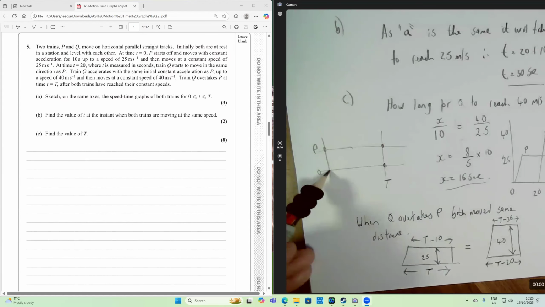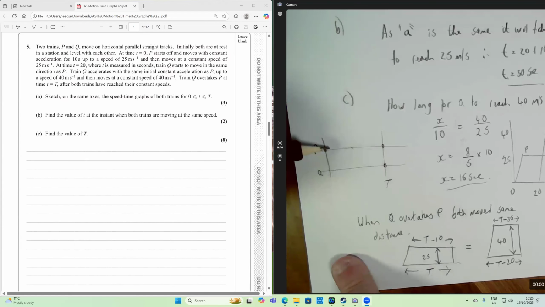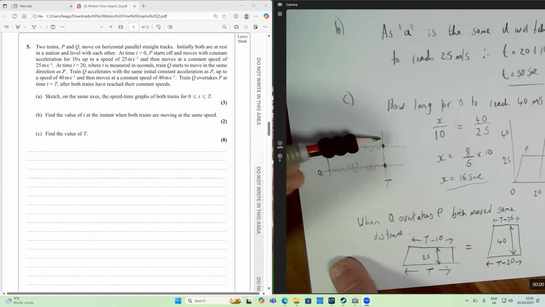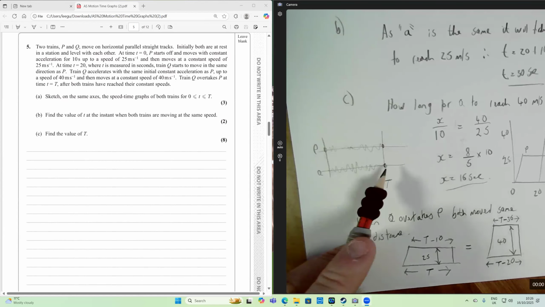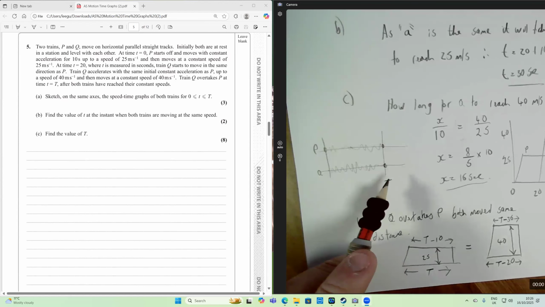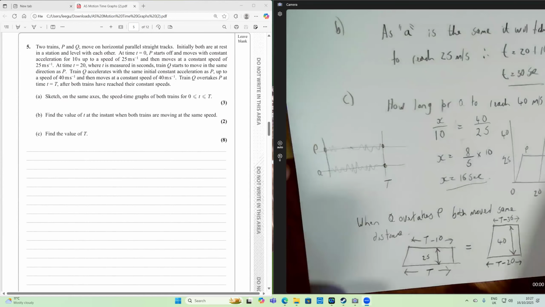And notice that at the point where Q overtakes P, they've both covered the same distance away from where they started. That's the key for breaking into this question. That means that Q has traveled the same distance as P at the moment that it overtakes it.